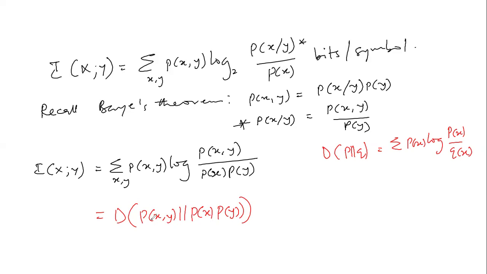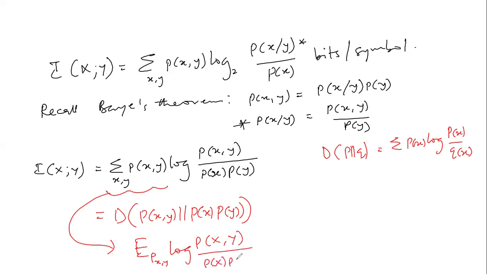Isn't it? And this, being the expected value, is the same as the expected value over X and Y of log P of X, Y divided by P of X times P of Y. So this is the mutual information. You observe that the mutual information is the same as the relative entropy between the joint distribution and the product distribution.